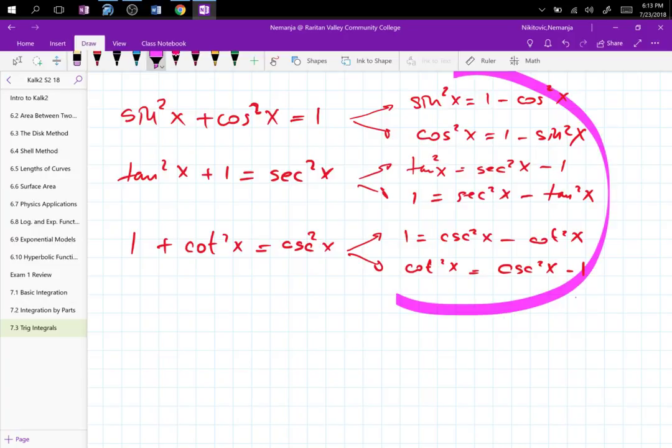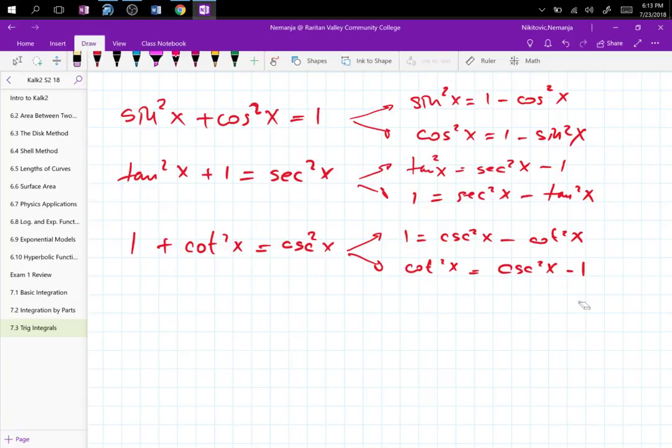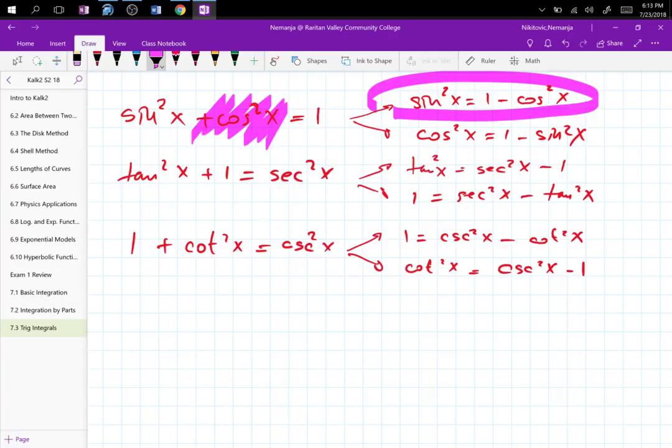The formulas on the right-hand side are simply rearranging terms from what you have on the left. Right? So you can solve this for sine, which means moving the cosine to the other side, and that's this equation. That's exactly what happened. We just took the cosine out and put it on the other side. So we can rearrange any of these that we want.